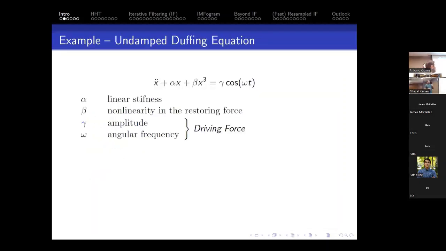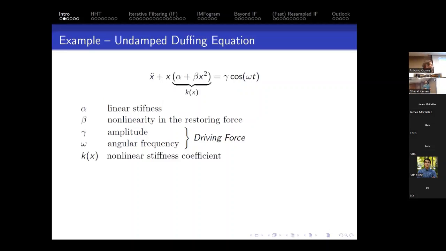Let's give an example. Let's start from a differential equation, which is simple, and for which we know the ground truth. This differential equation is a Duffing equation. It can be reformulated by collecting the x variable here, so that we can imagine this part to be a stiffness coefficient which varies with position.